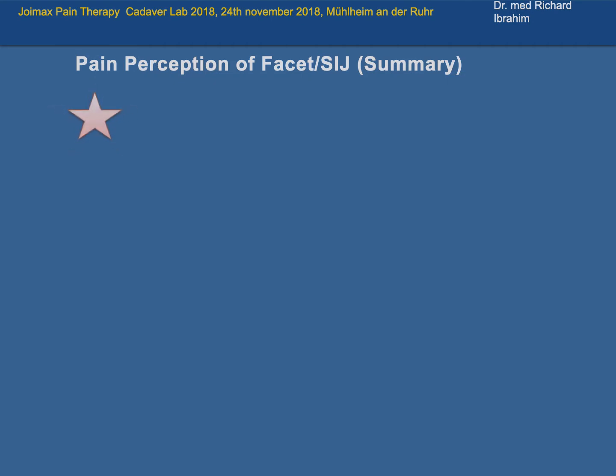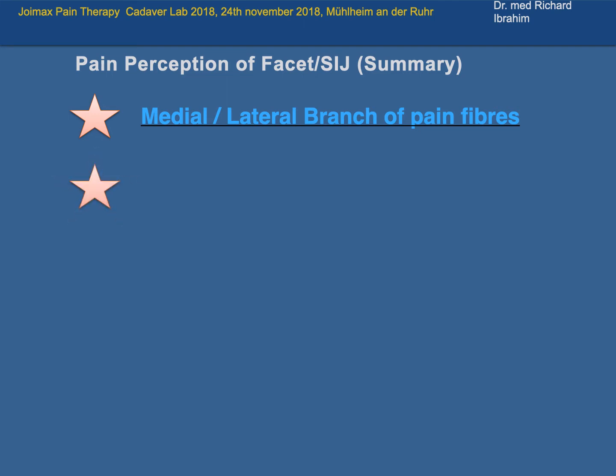So the pain perception is carried by the medial and lateral branches: medial for the facet joint, lateral branches for the SI joint. You have this instability and hypomobility of the SI joint, which is a very tight joint with big ligament structures inside.